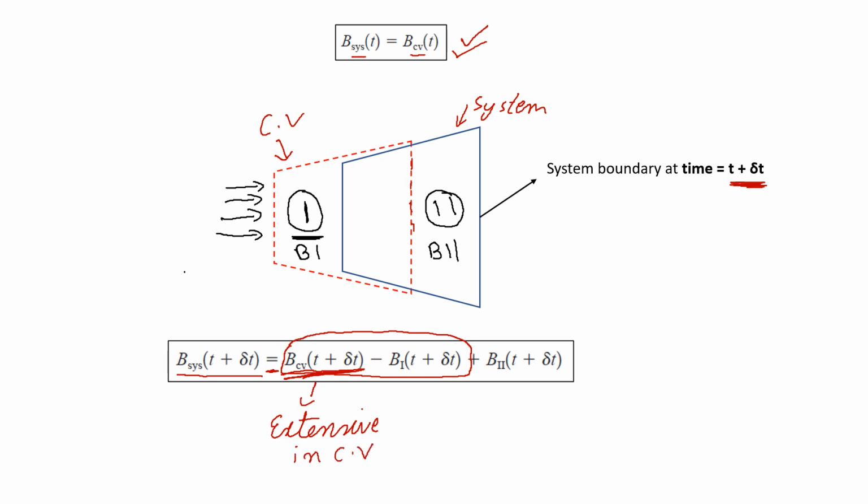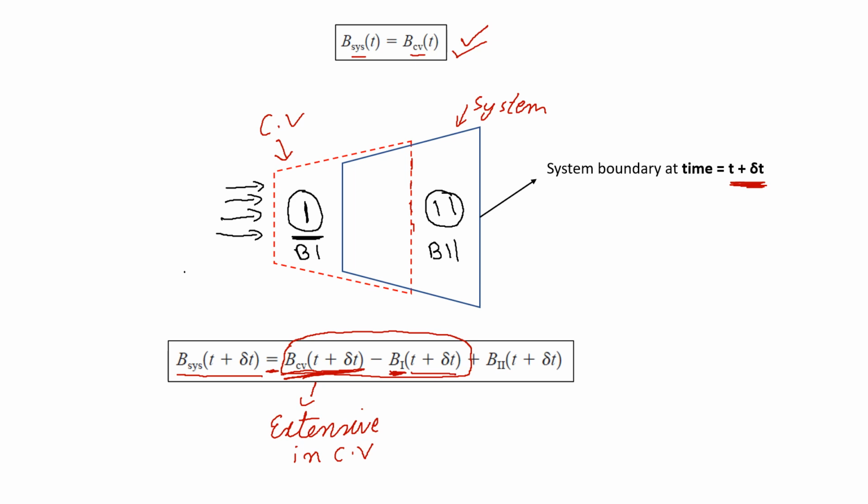So this is my whole control volume, that red dashed area, and minus B1 at t plus delta t, the extensive property of the system going into the control volume.